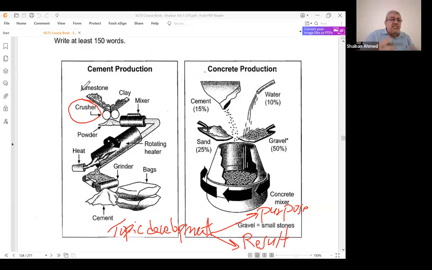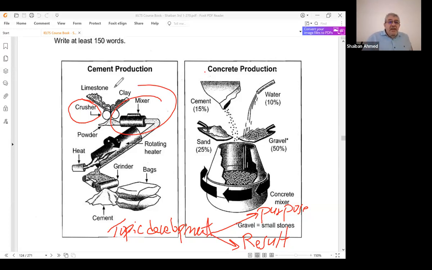So you say it: limestone and clay are crushed together to make them a fine powder, in order to be mixed. So you use the crushing to make powder in order to mix them. So 2 developments in 1 sentence.